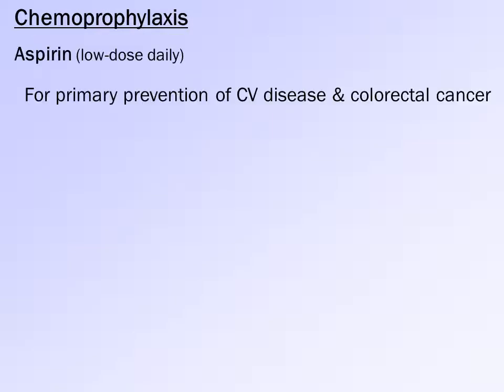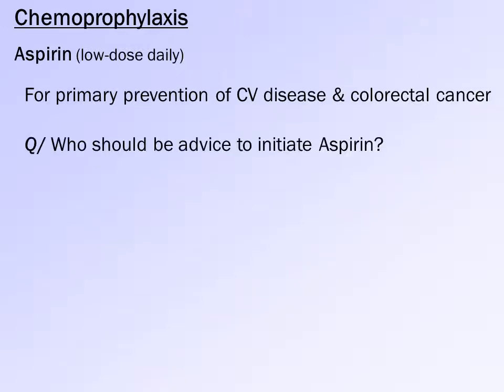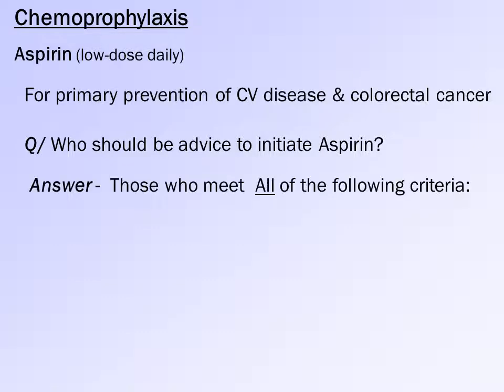For chemoprophylaxis, low-dose aspirin is recommended for primary prevention of cardiovascular disease and colorectal cancer. But the question is, who should be advised to initiate aspirin? The answer is those who meet all of the following criteria. 1.